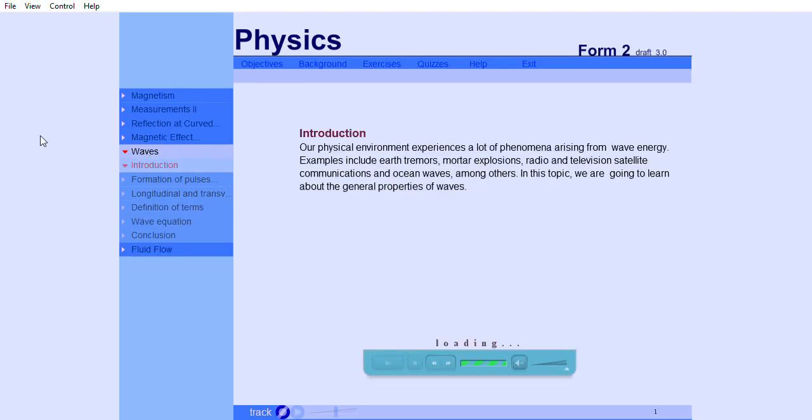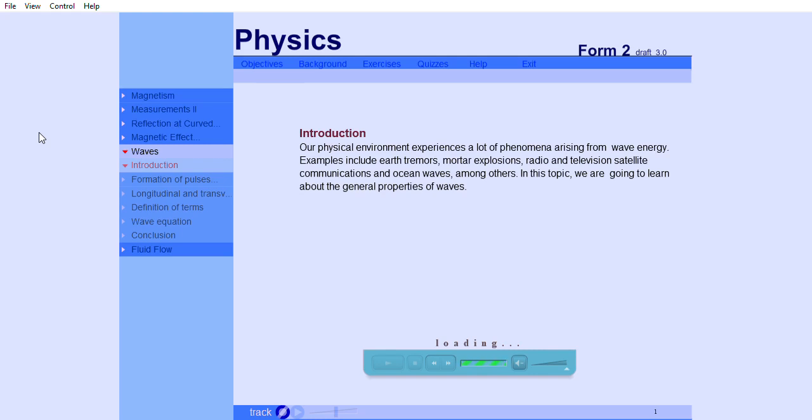Introduction. Our physical environment experiences a lot of phenomena arising from wave energy. Examples include earth tremors, motor explosions, radio and television, and satellite communications and ocean waves, among others.